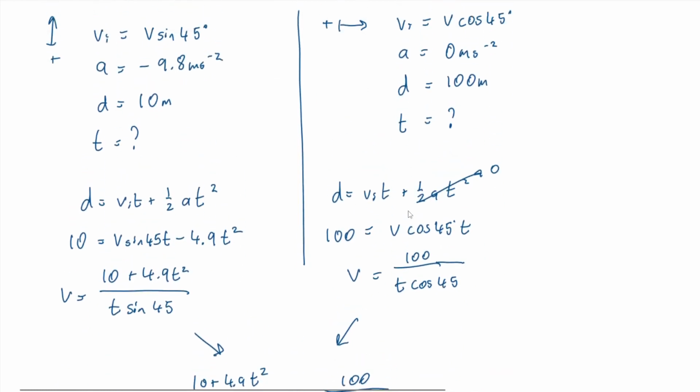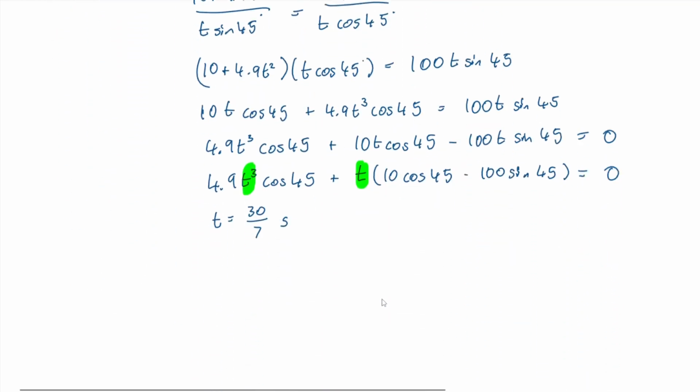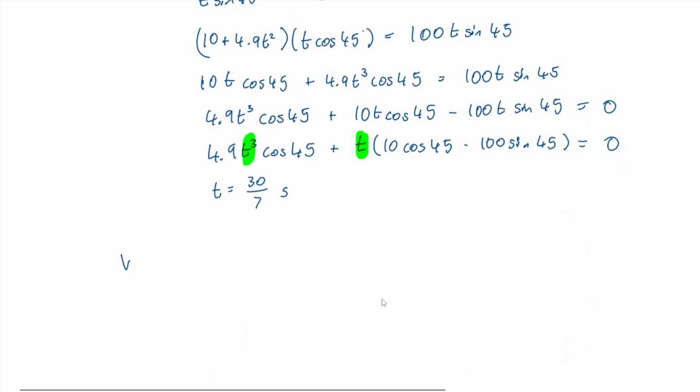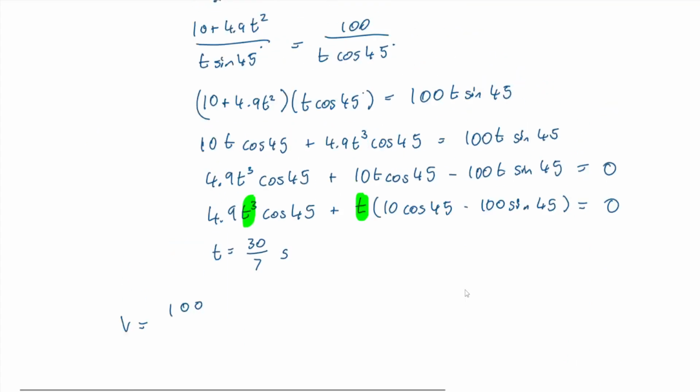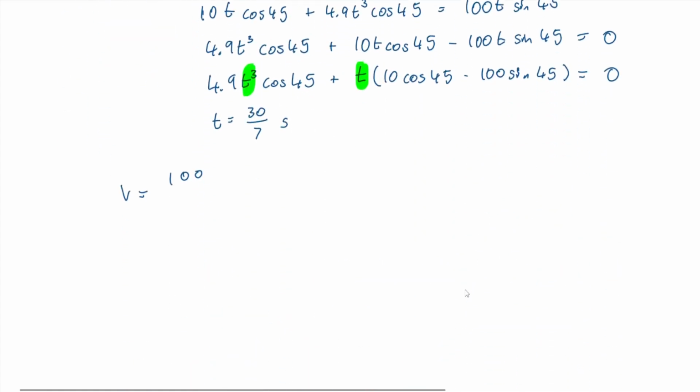Looking back at our 2 equations that we simultaneously solved, this one looks a lot simpler. So I'm going to back substitute into that. So v equals 100 over t cos 45, where t is 30/7.